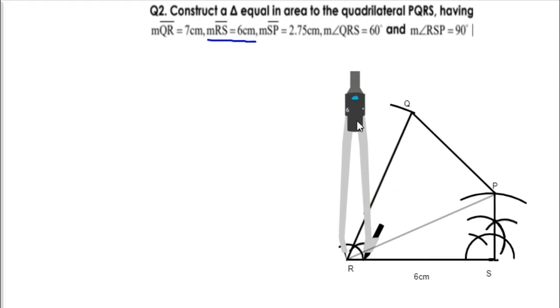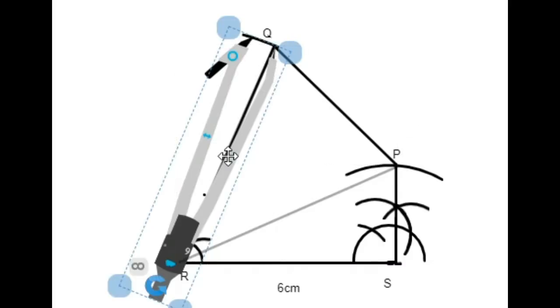We have set our arc with the same radius that we took on R, and we set our compass on Q, and we have to draw an arc.